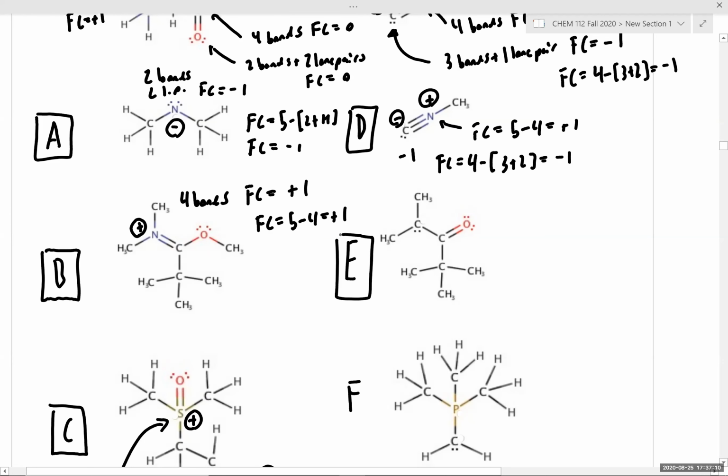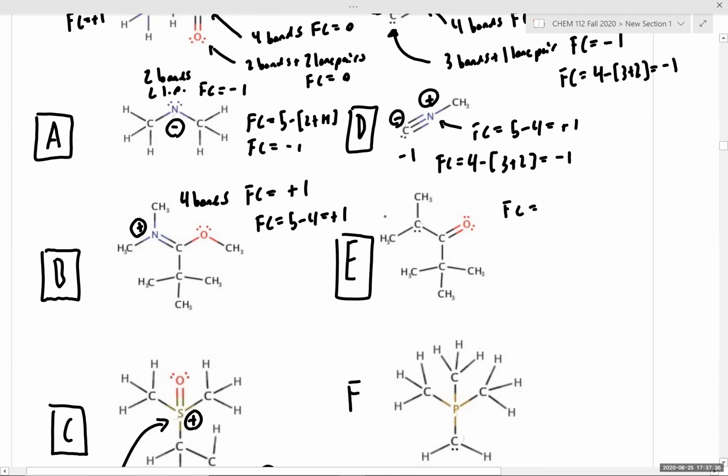So for structure E, are there any atoms with a non-zero formal charge? This carbon right here. And what is the formal charge for this carbon with 3 bonds and 1 lone pair?